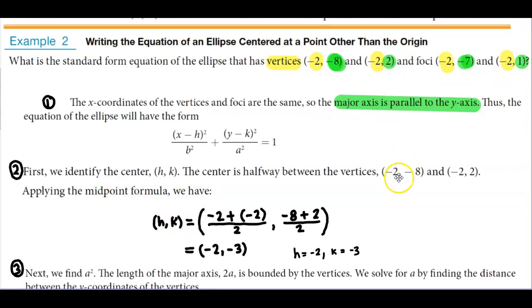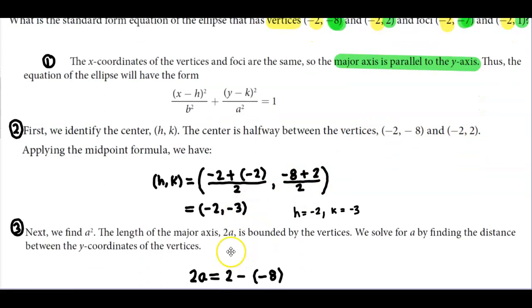The x-coordinates are given by -2 plus -2 divided by 2, which gives us -2. And then -8 plus 2 for the y-coordinates, divided by 2, which gives us -3. So now we know that it's centered at (-2, -3). So h is -2, and k is equal to -3.